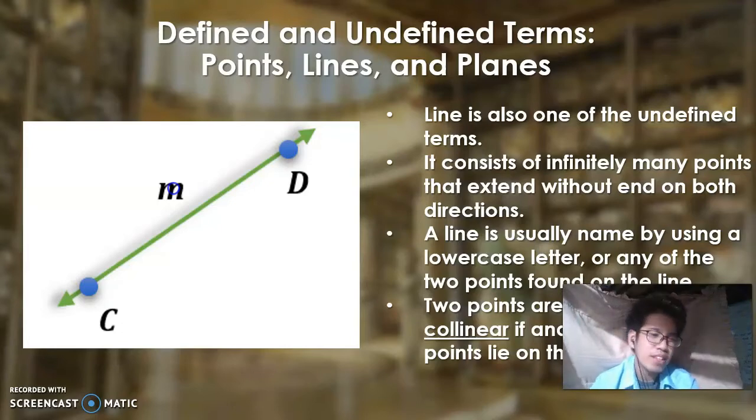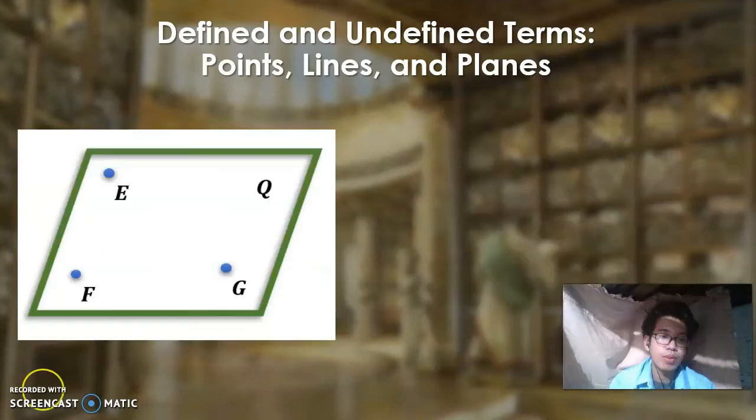So you might say that, oh, that sounds so factual. 2 points on a line, they're collinear. Of course they're collinear. What else would you call them? The reason why they sound so factual is because Euclid made sure that they sound that way. Euclid made sure, and all of the mathematicians who edited the Elements throughout time made sure that it sounds factual, because the Elements is based on facts.